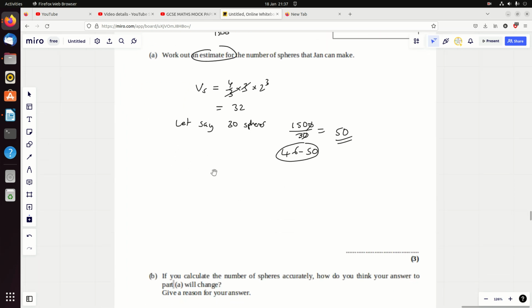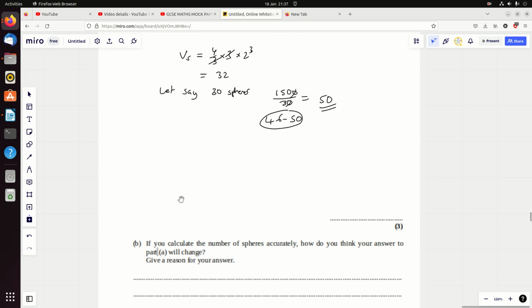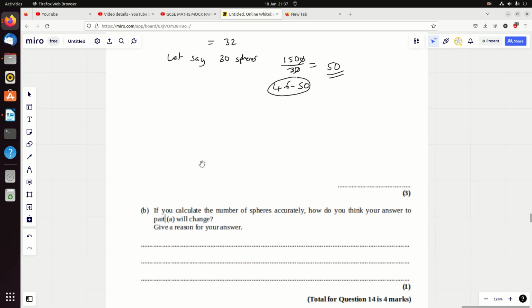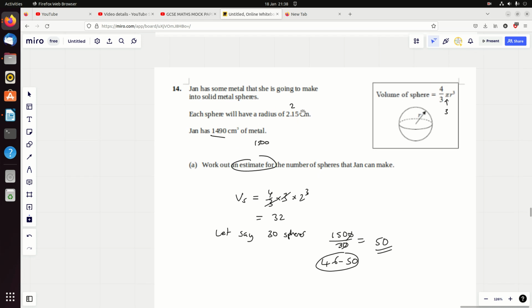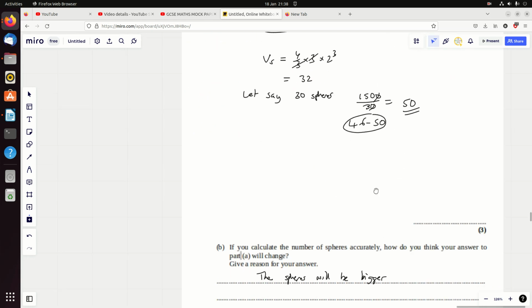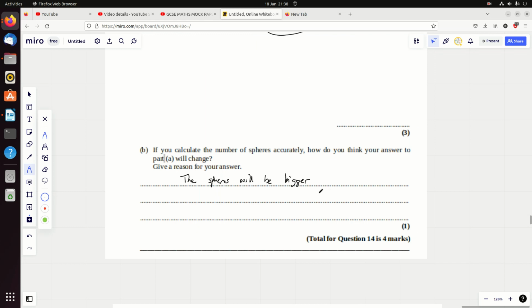We rounded pi down, and we rounded this one up. Now, what's that going to do to the total number of spheres that you're going to get? Well, the volume of the spheres will actually be larger, because pi was rounded down. Forget the 1500 for the moment. We rounded that down. We rounded pi down. The spheres will be bigger as we rounded pi and 2.15 down.